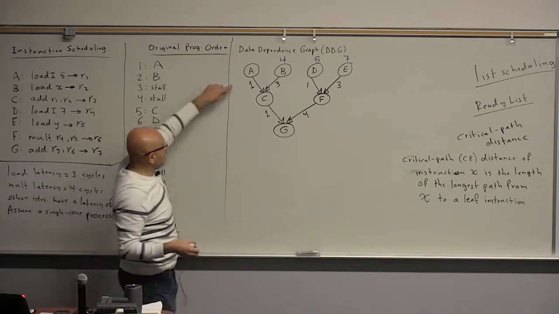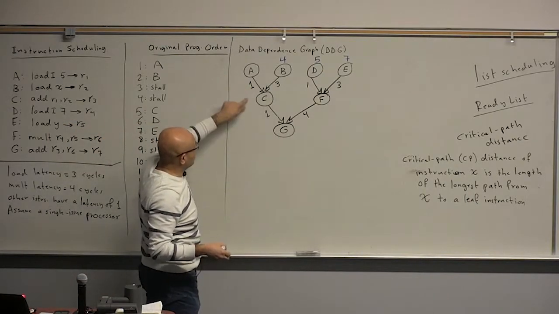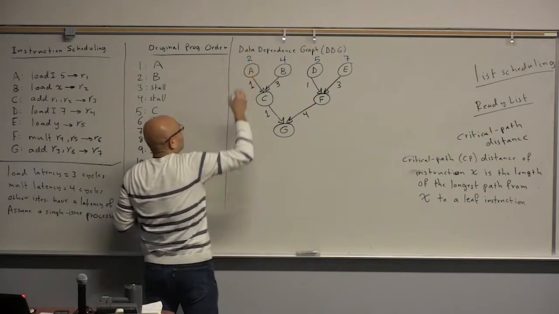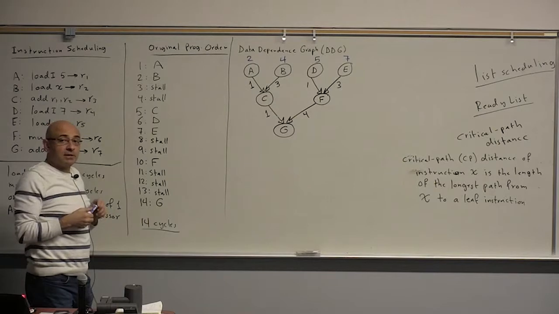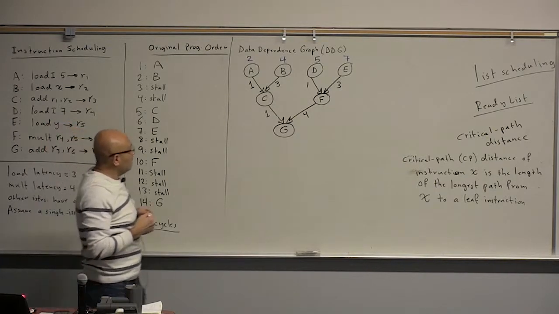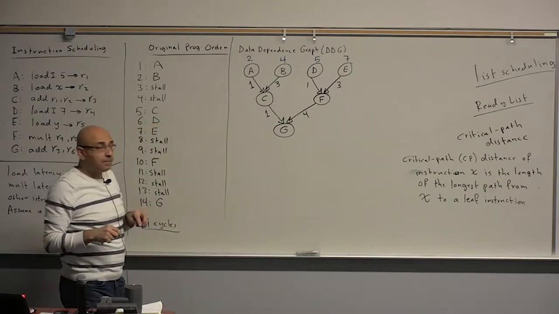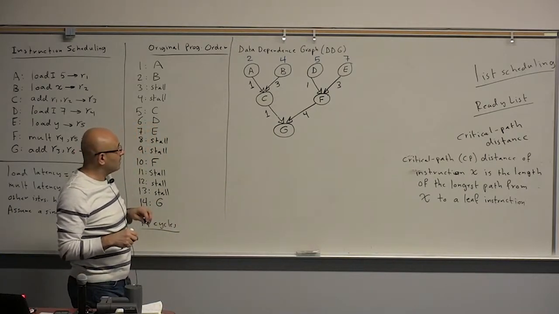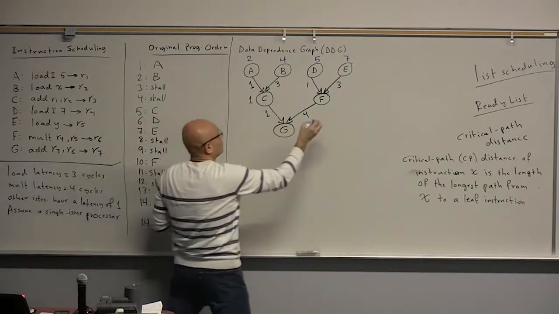And the critical path distance for A is 2. So this is the longest path. It's 2. Okay. So we label each instruction with its critical path distance. For instruction C, what's the critical path? 1. And for F, it's 4.